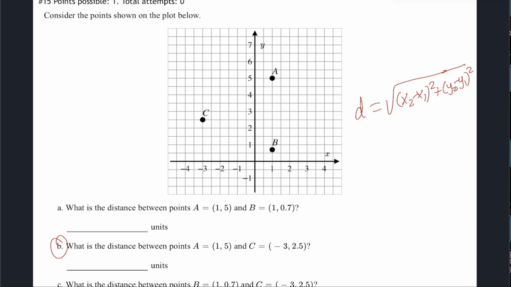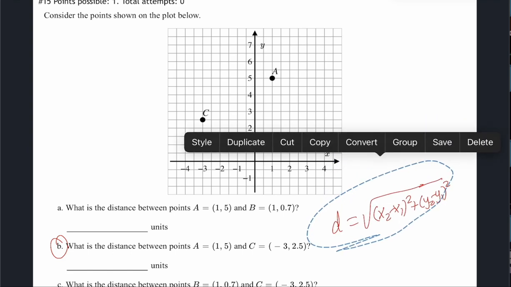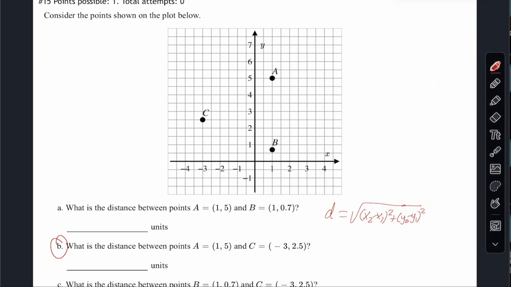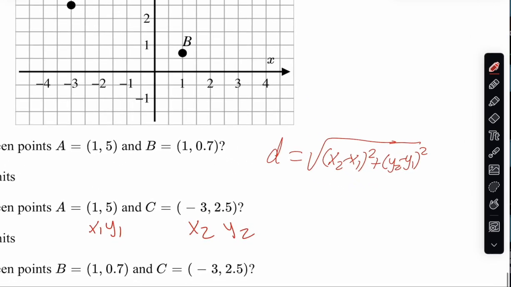So for this particular one, we're going to do B alone, okay? You're going to label your points and plot them in. So our distance would be the square root of -3 minus 1 squared plus 2.5 minus 5 squared.